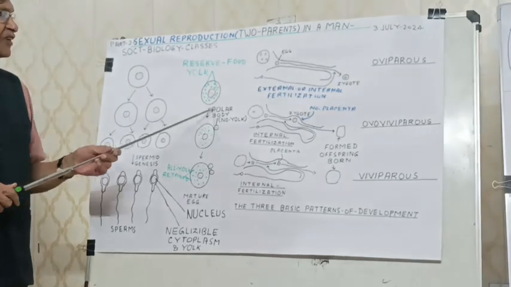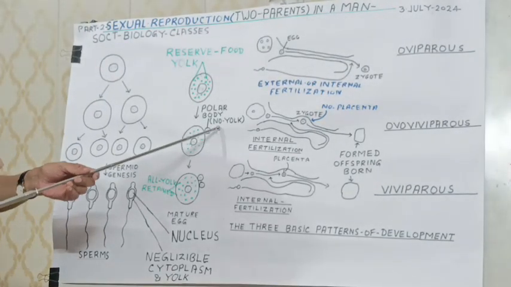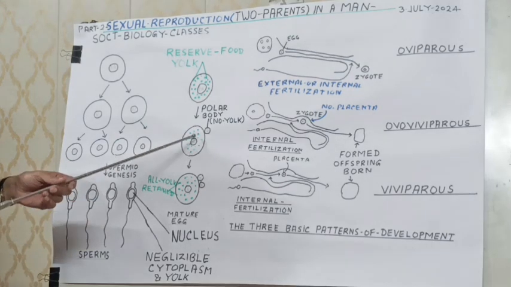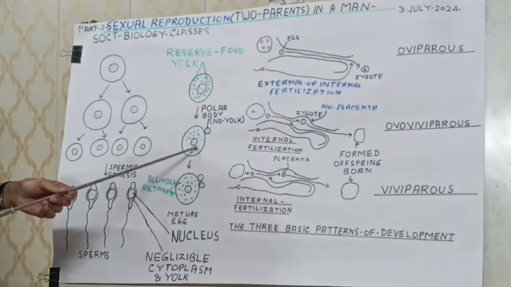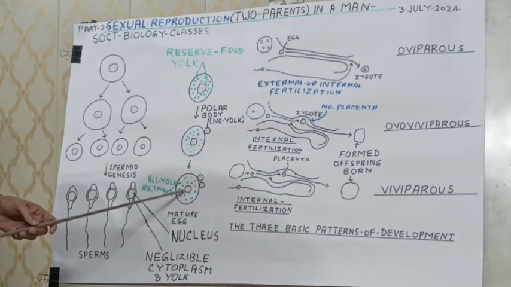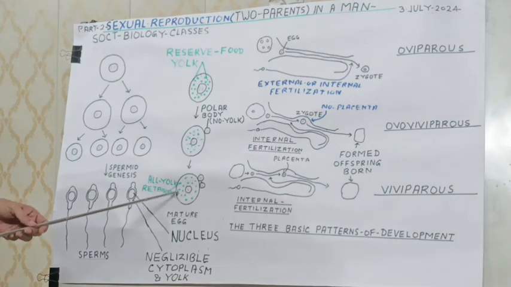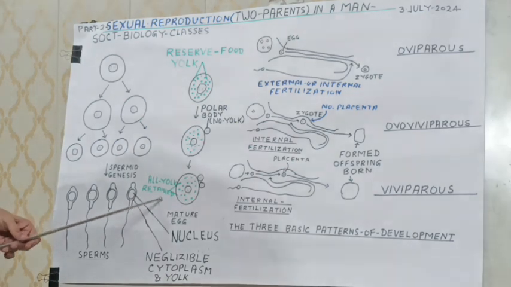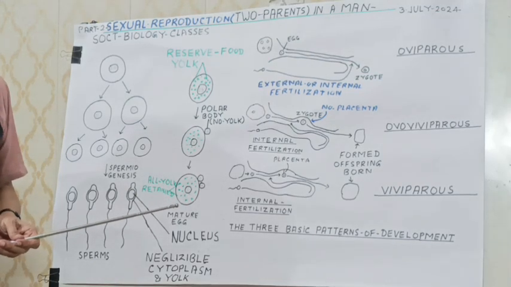In the first meiotic division, 2 cells are formed: a polar body which does not contain any yolk, and all the yolk is retained in the secondary oocyte. And then in the second meiotic division, meiosis takes place once again, another polar body is formed, but all the yolk is retained, which is utilized by the developing embryo in the future.